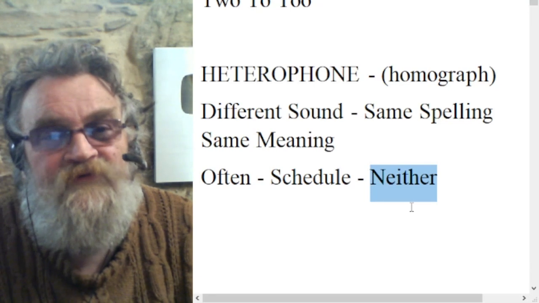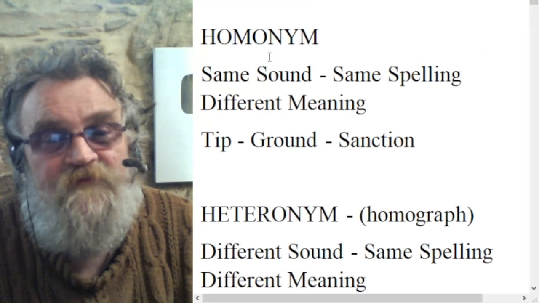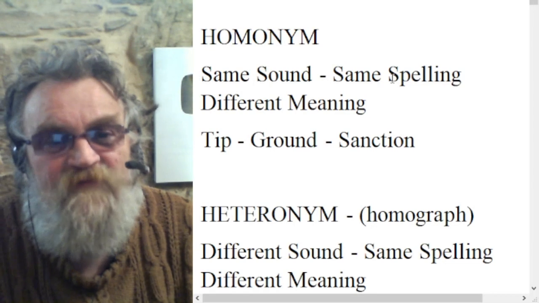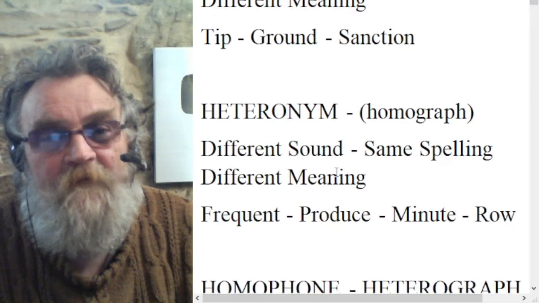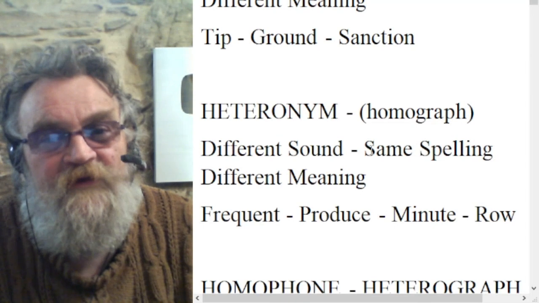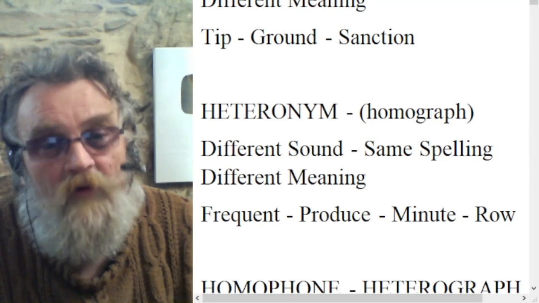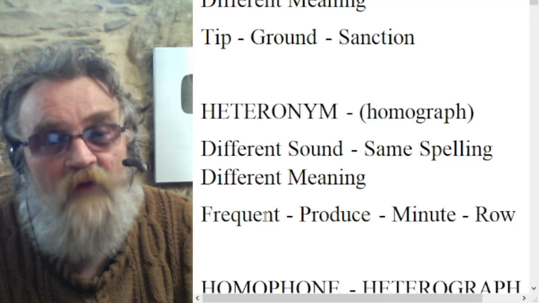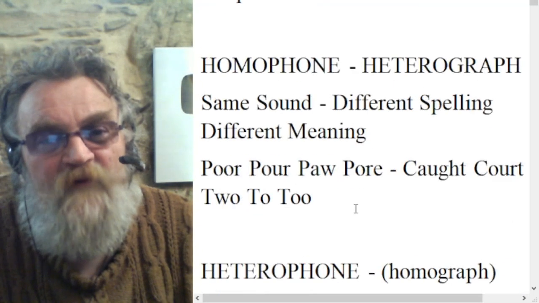Okay? So, that's the difference between these. Homonyms. Same sound, same spelling, different meanings. Heteronym. Different sounds, same spelling, different meanings. These are also homographs like later because they are written the same. And homophone.